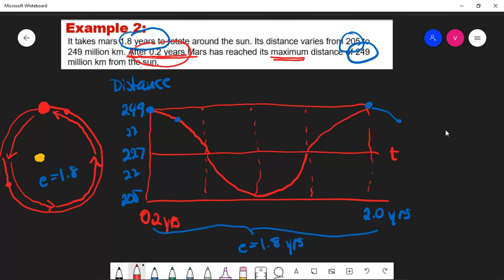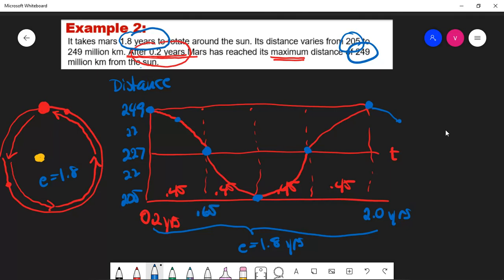Okay, so now all you have to do is divide that 1.8 up into 4 pieces. You have these 4 quadrants. So how long does each take? 1.8 divided by 4 would be 0.45 in each of these quadrants. 0.45 times 4 adds up to the entire 1.8, but we are just trying to find out where Mars is in its distance from the sun at each of these critical points. So 0.2 plus 0.45 would be 0.65 years here.